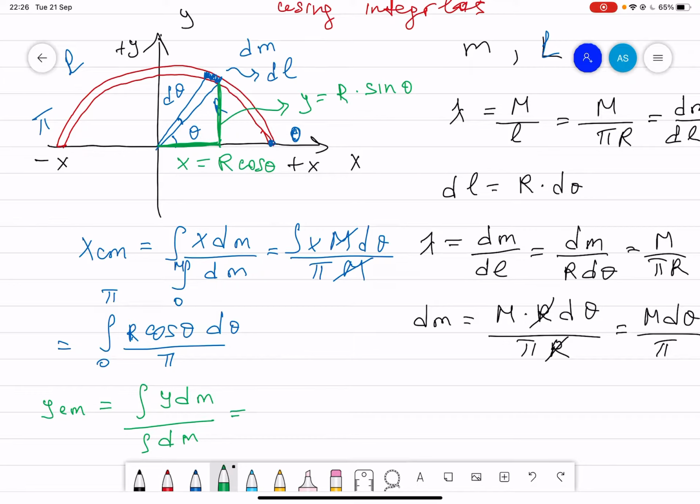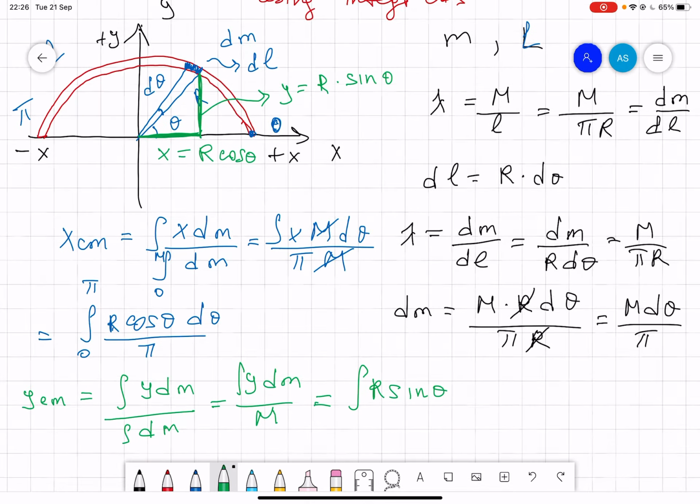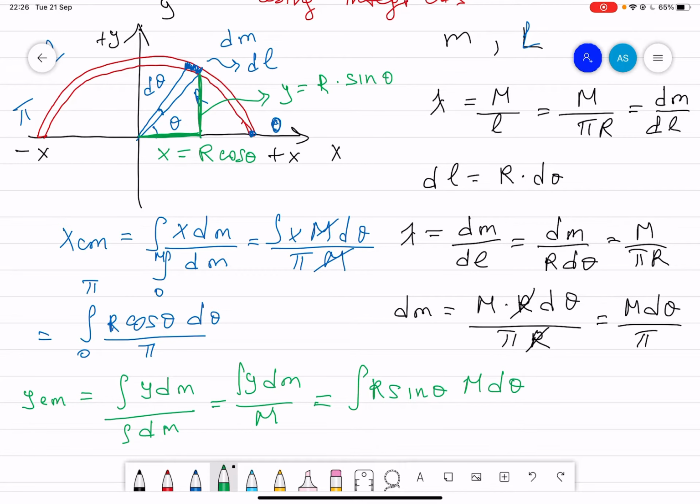We don't need to integrate the bottom side because it's already the total mass M. Now y is equal to r sine theta, and dm is equal to M d theta over pi, so M cancels with M. Then we have the integral of r sine theta d theta divided by pi.